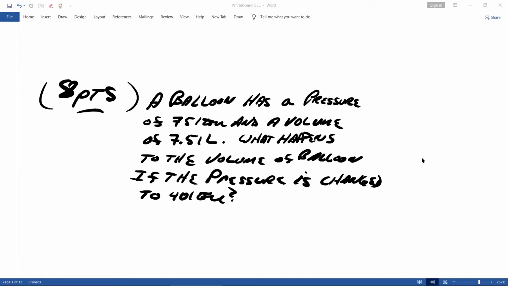A balloon has a pressure of 751 torr, that's pressure units, and a volume of 7.51 L. L is for liters, volume. What happens to the volume of the balloon if the pressure is changed to 401 torr?